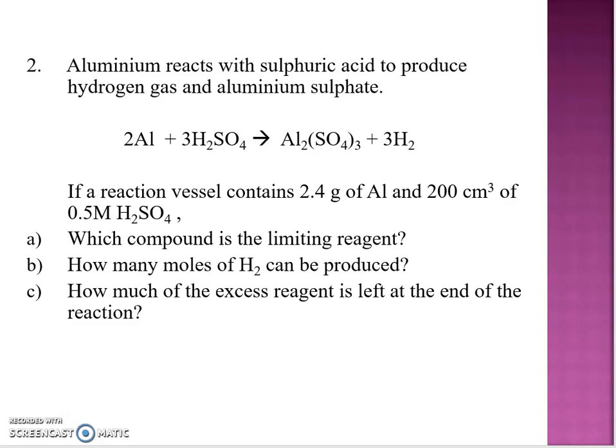Sebab limited reactant ni dia banyak contoh soalan yang you boleh buat. So ini untuk Al react dengan H2 sulfuric acid. Okay, menghasilkan ni. So the first question, who is the limited reactant? Itu memang biasa. So apa you perlu buat? Aluminium, H2, SO4. So first cari mol.